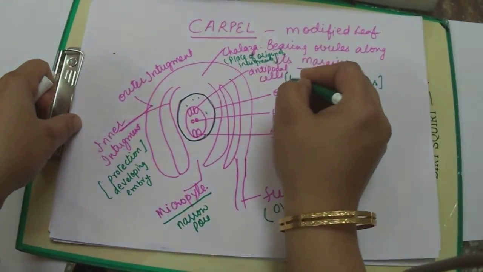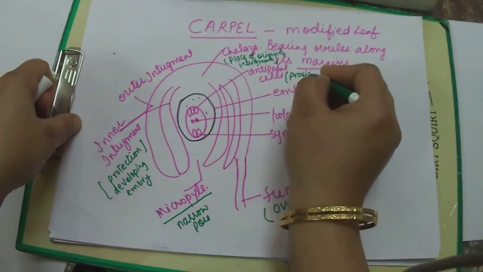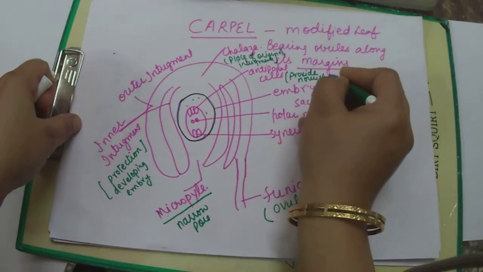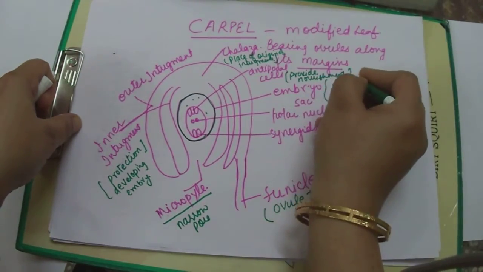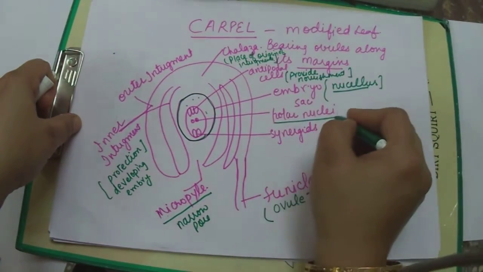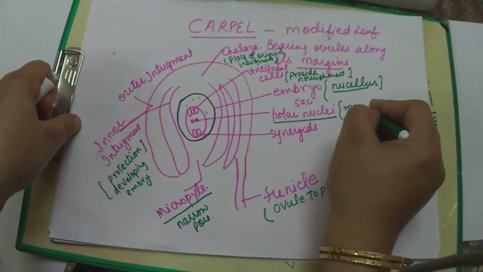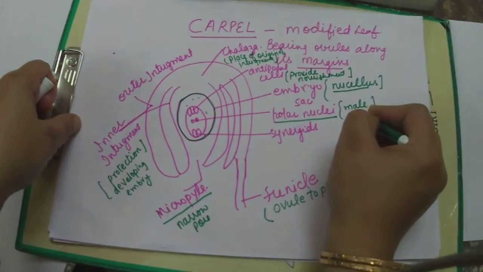Antipodal cells provide nourishment to the developing embryo, and these are two polar nuclei that fuse with the male gamete.